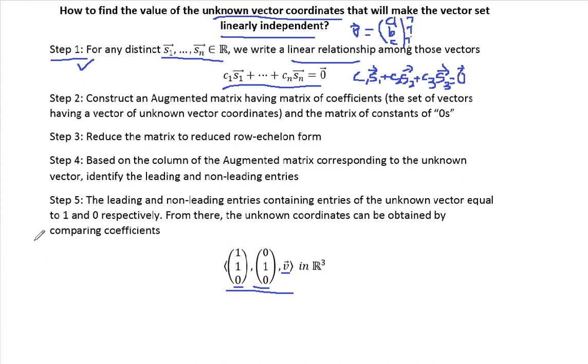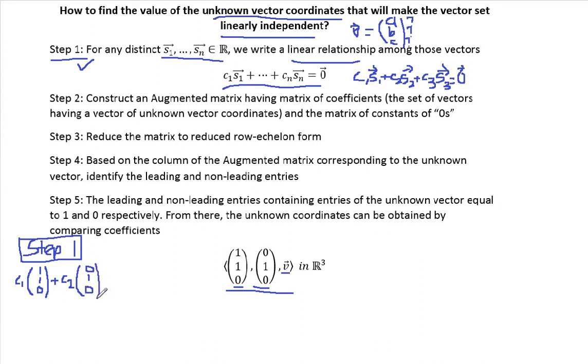Our step 1 again. Hence you can say C1 times 1 1 0, plus C2 times 0 1 0.